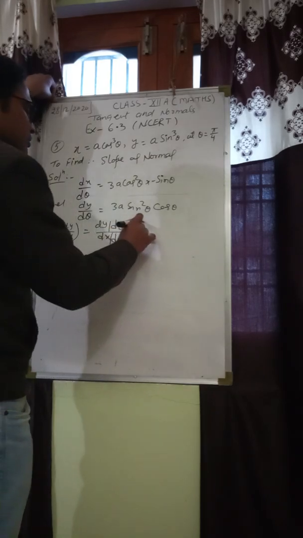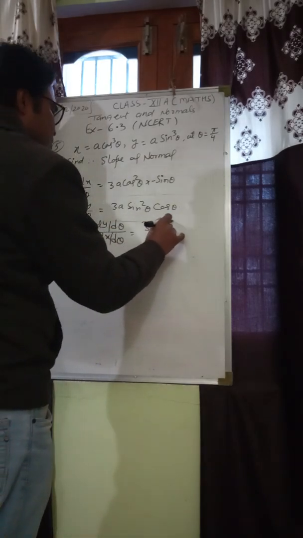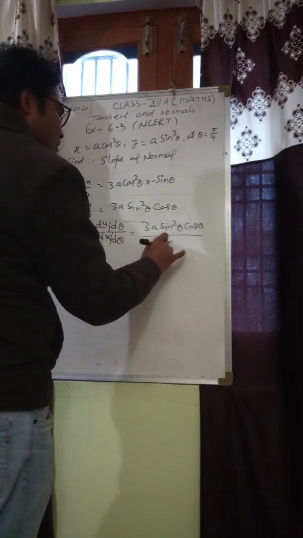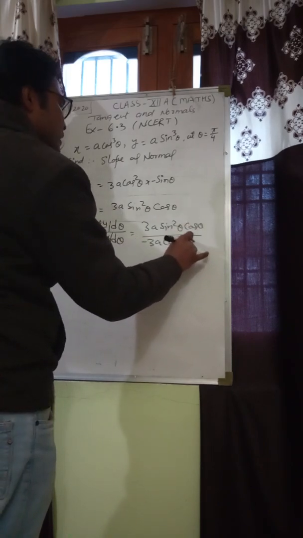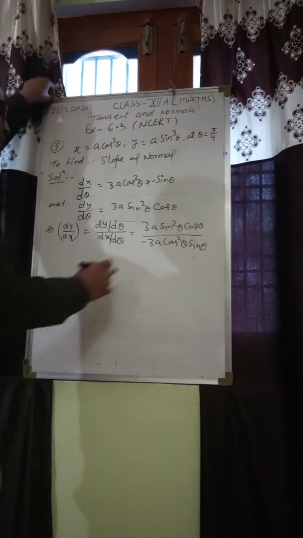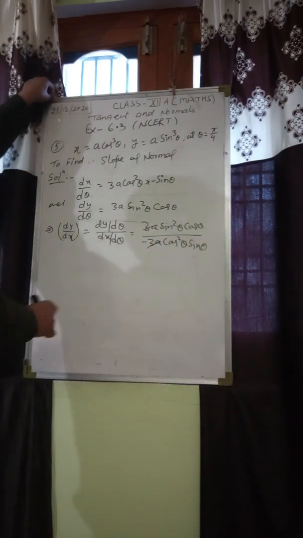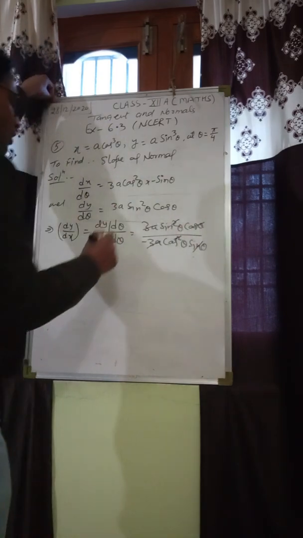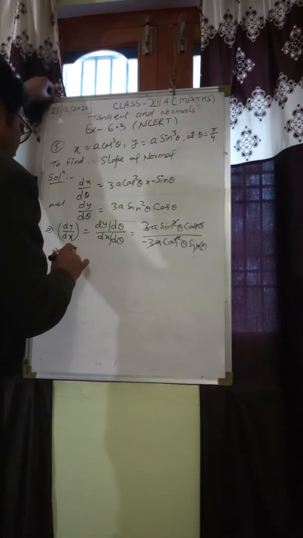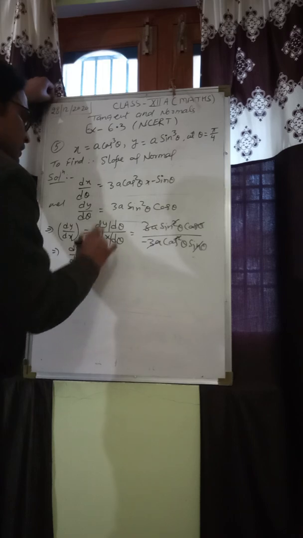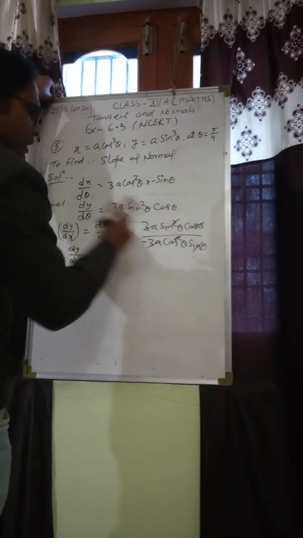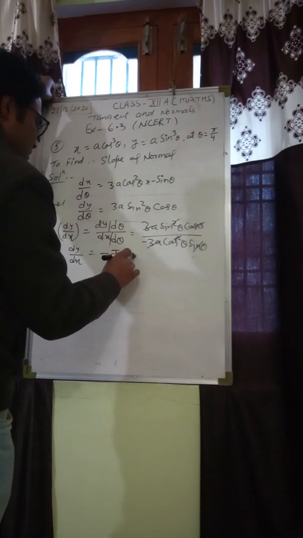So it will be 3a sin square theta cos theta upon minus 3a cos square theta sin theta. You can see the 3a will be cancelled, one sin will be cancelled, one cos will be cancelled. What we have is sin by cos, so dy by dx is minus tan theta.